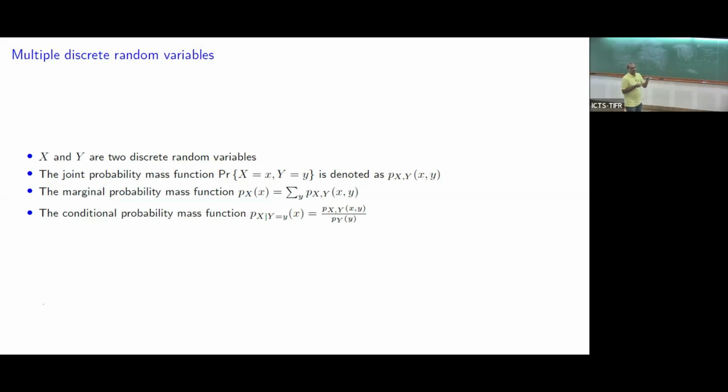Suppose you have seen that y has taken a value small y. Then you can ask, based on this information, does the probability of the other random variable x taking a value change? That is what is defined here. This is called the conditional probability mass function.